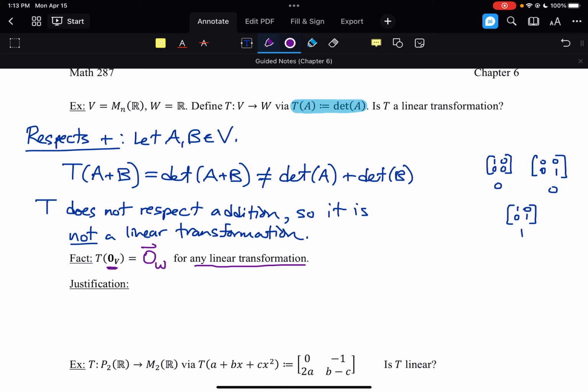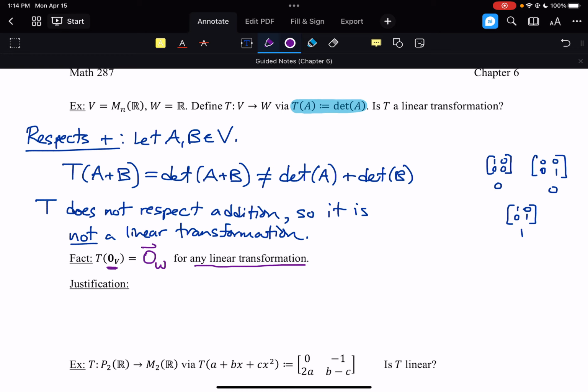So like in our past examples, the 2 by 2 zero matrix would have transformed into the number 0. The polynomial of degree 4 or less, 0, would be transformed into 0. And we'll see some additional examples of that going forward as well.